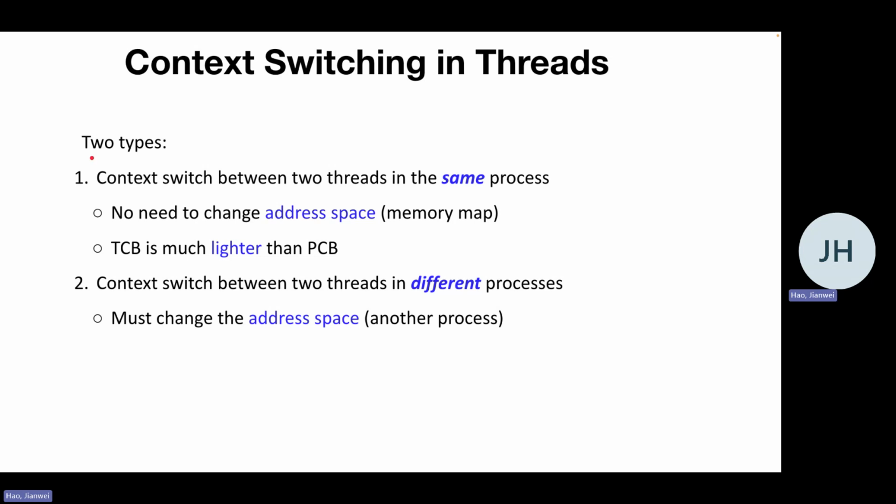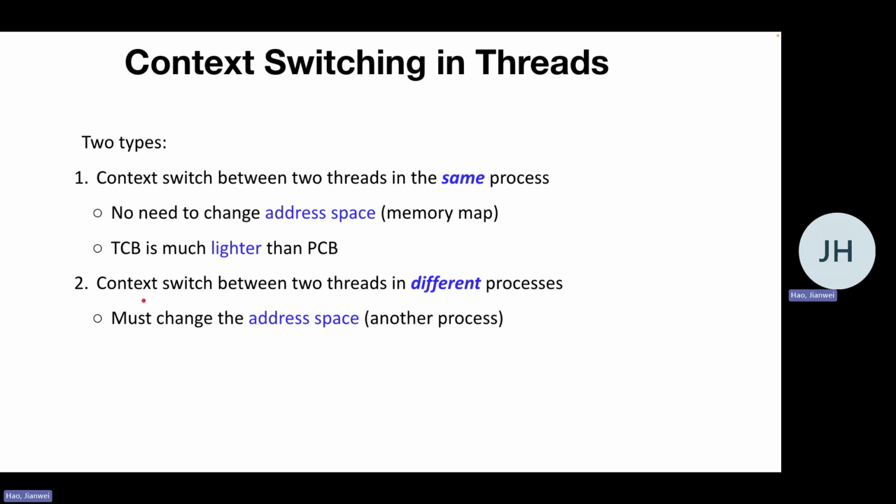And we have two types of context switching in threads. The first one is between two threads in the same process. In that case, we don't need to change the address space because they share this part. The TCB is much lighter than the PCB.